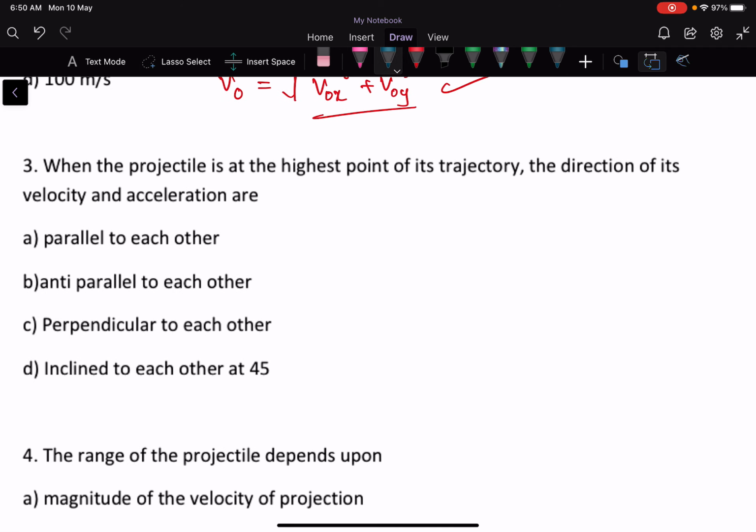Okay. Next, when the projectile is at the highest point of its trajectory, what are the directions of its velocity and acceleration? Here I am writing a coordinate system and drawing the path followed by the projectile.